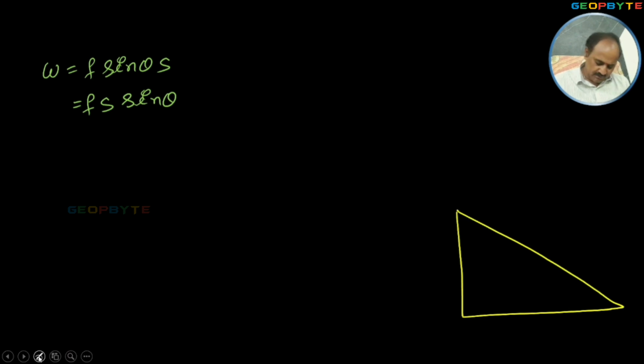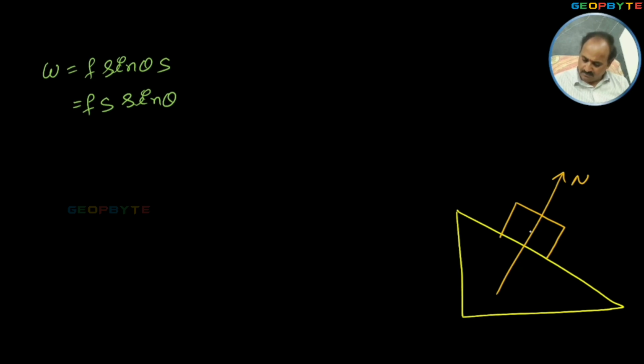Fs sin theta. But F is the force causing the motion. Look at the plane once again. This is the plane. Over that rough plane, a block is kept somewhere here. This is the normal reaction direction. The weight is acting vertically downwards with a magnitude mg.